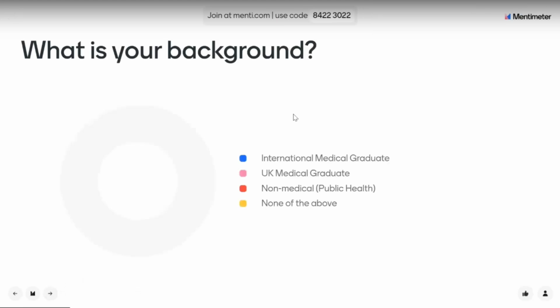So quickly, just for me to understand the different backgrounds of people I'm speaking to, so I can tailor my talk towards that and know what part of the talks to focus on. Are we all familiar with Mentimeter?